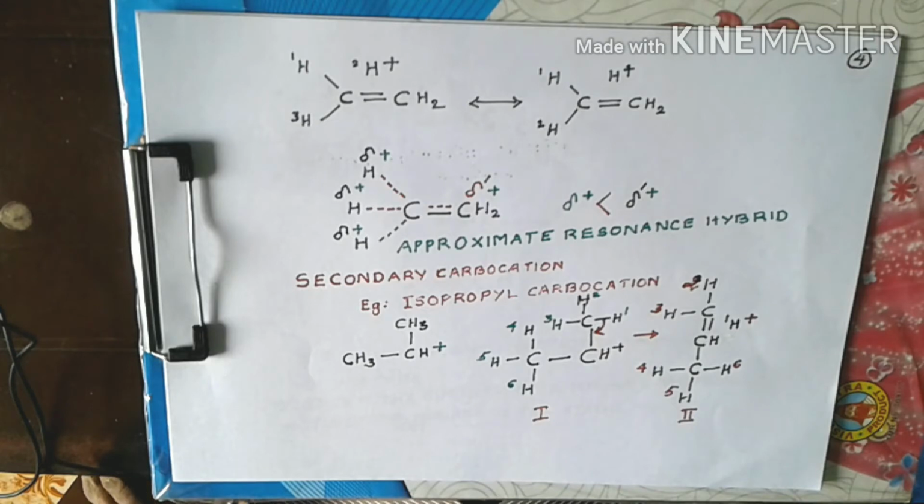So the hyperconjugation canonical structures are not so stable as the canonical structures observed in mesomeric effects. So this is one disadvantage of hyperconjugation.